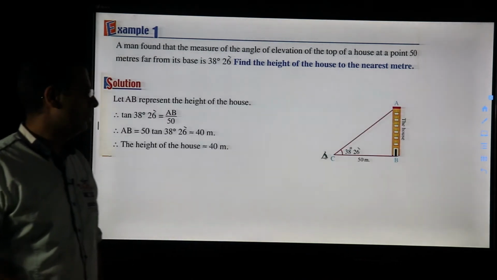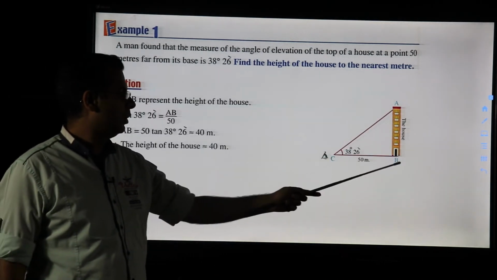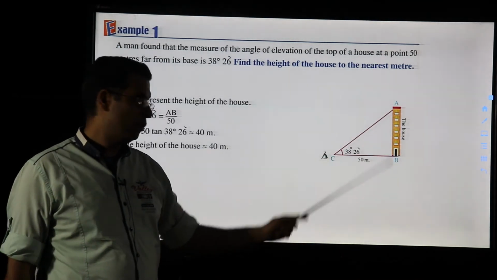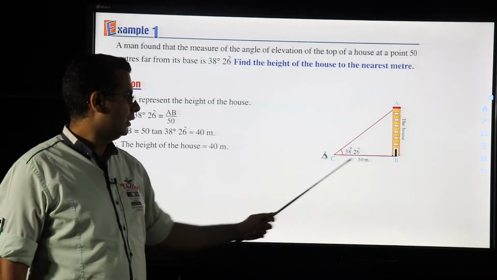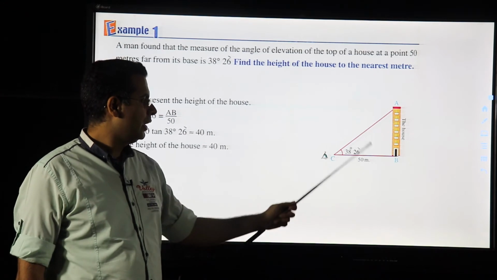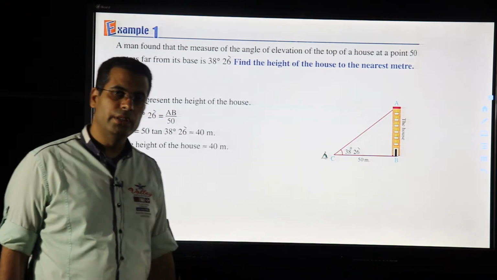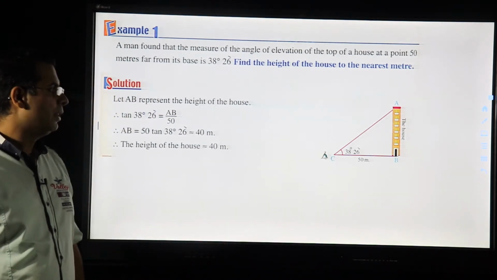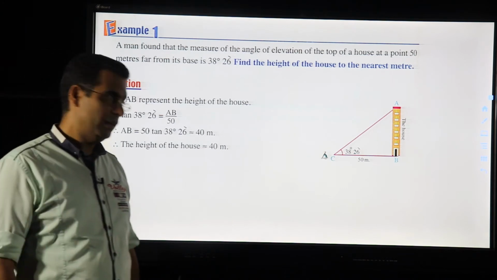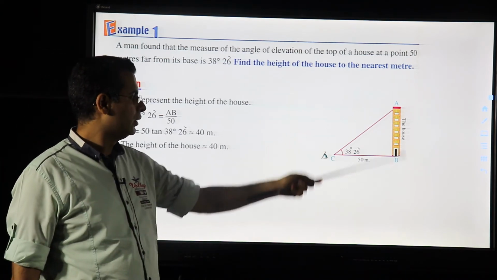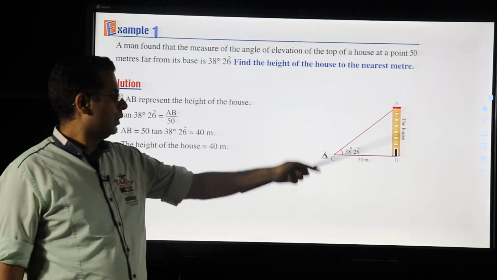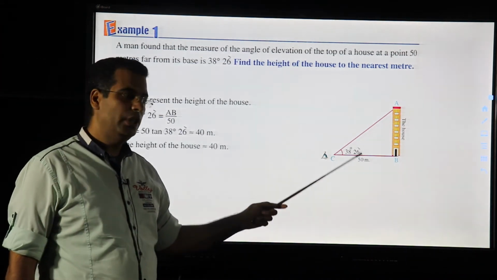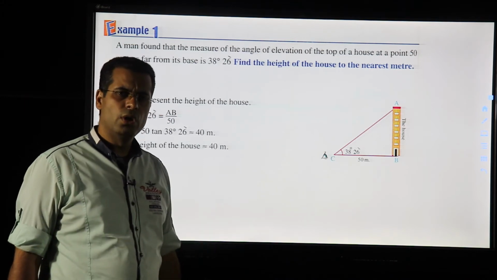Draw the house perpendicular to the ground, of course. Then we have a right angle triangle. The distance here is 50 meters. The elevation angle is 38 degrees and 26 minutes. We will use the same lesson as before. We want to find the height of the house, which is AB. We have BC, which is adjacent to C, and we want to find the opposite.